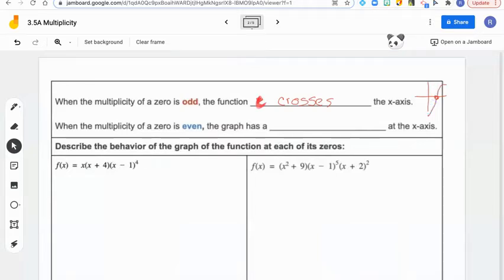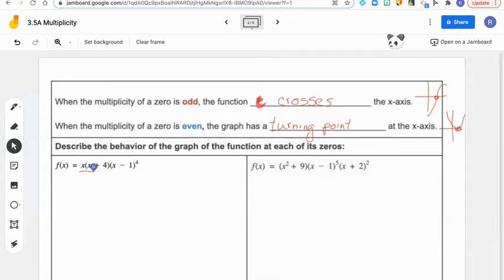But if the multiplicity of a 0 is even, the graph has a turning point at the x-axis. And I've in the past even referred to this kind of as a bounce. So if here's our 0, it might come here and touch it and then go back up in the other direction.